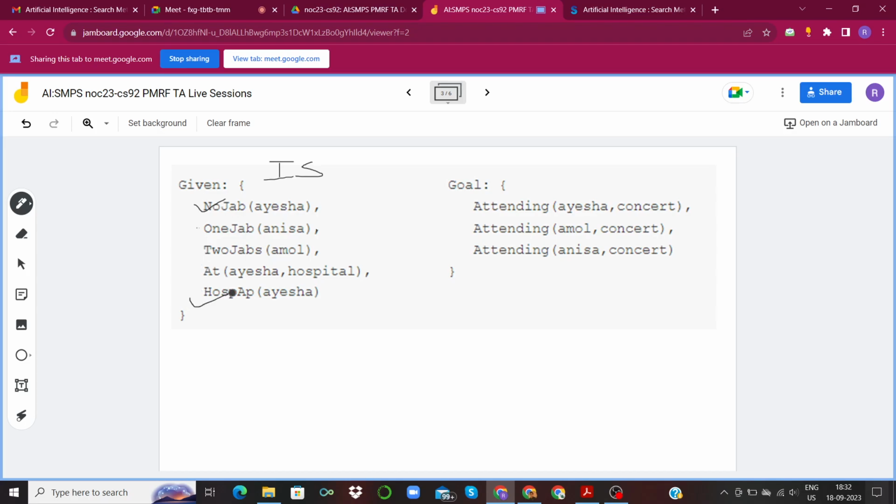Aisha has a hospital appointment, and Aisha is also at the hospital physically. Okay, so it seems like Aisha is just a bit behind Anisa in terms of her plan. So Anisa already had one jab to begin with, while Aisha doesn't have any sort of vaccine. But the good thing is that Aisha already has a hospital appointment and she already is at the hospital.